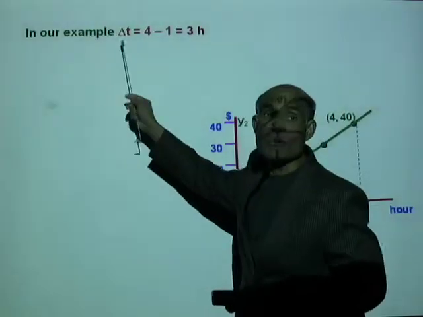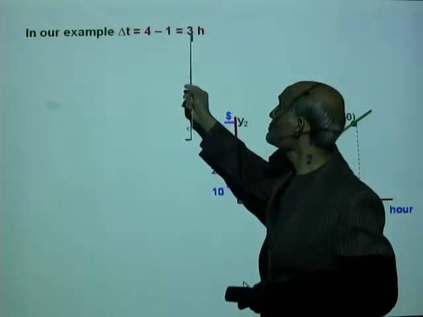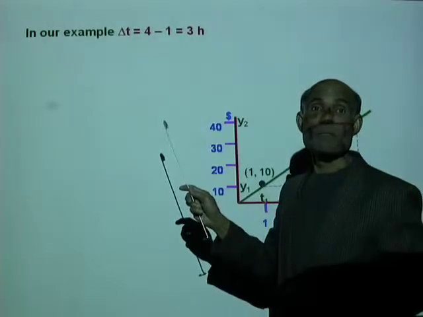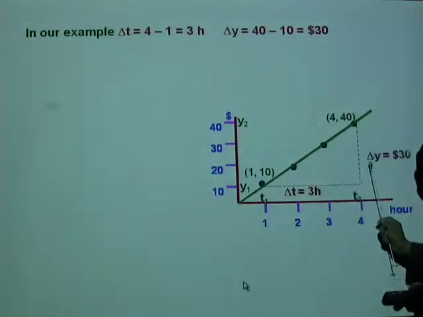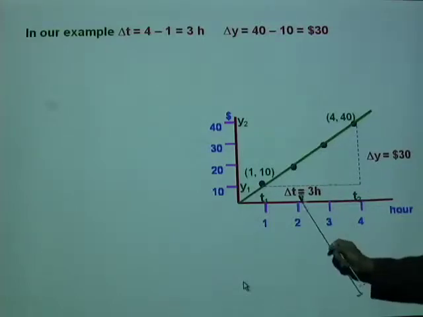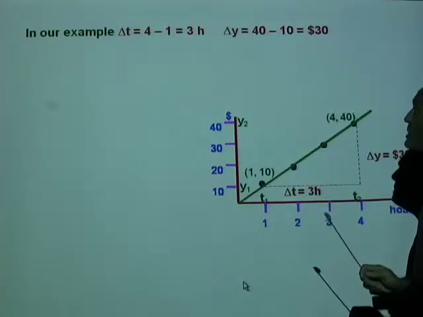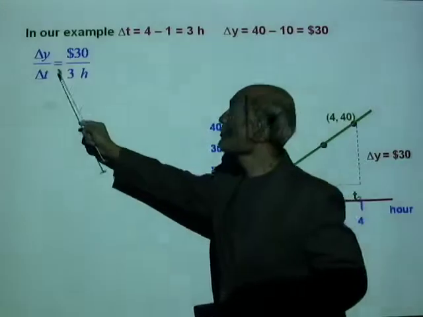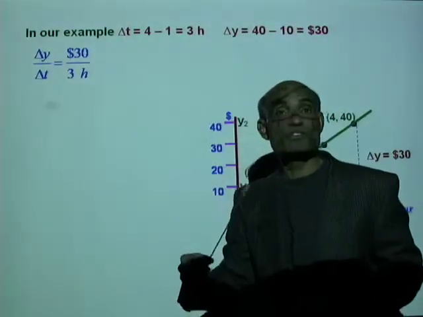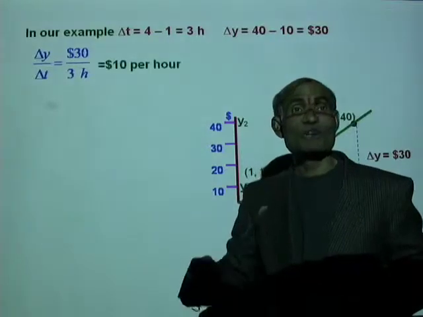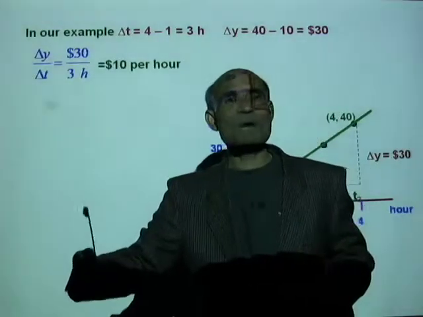Now, in our example, delta t is 3 hours and delta y is $30. Therefore, delta y by delta t is $30 divided by 3 hours. That is $10 per hour.